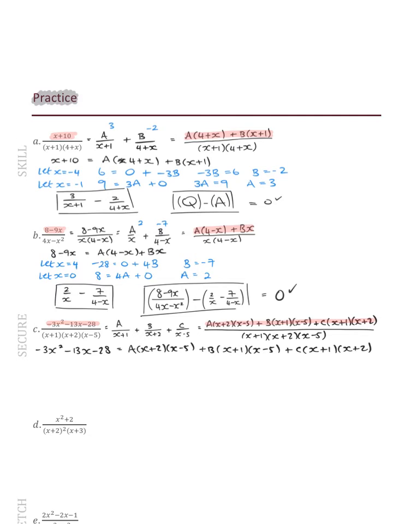There we go. And then I'm going to start with x equals 5. So 5 store for x, and then we're just repeating this process. So minus 3x squared minus 13x minus 28.